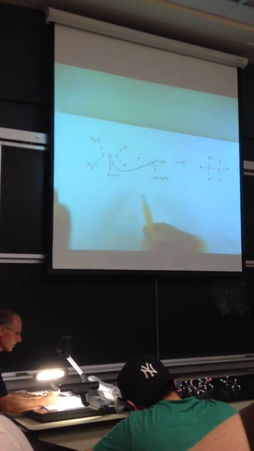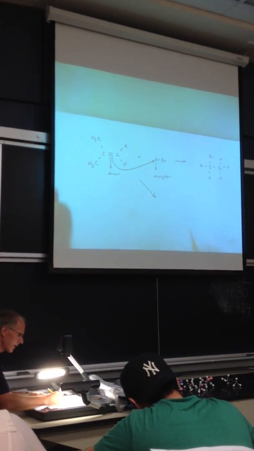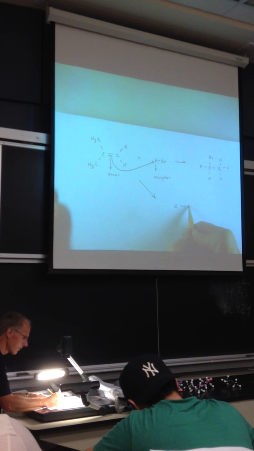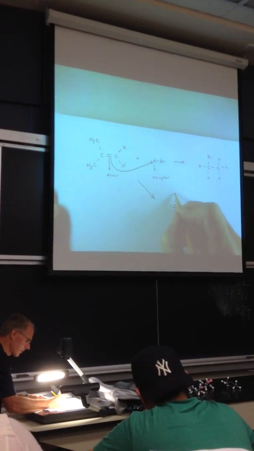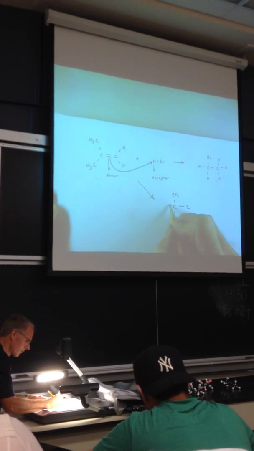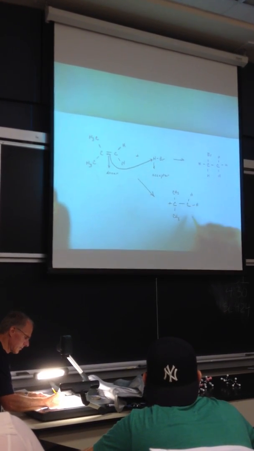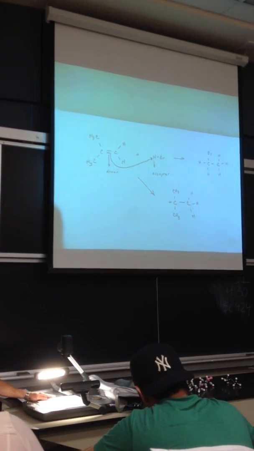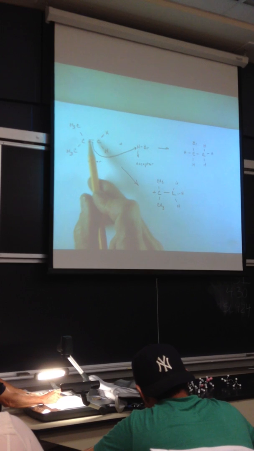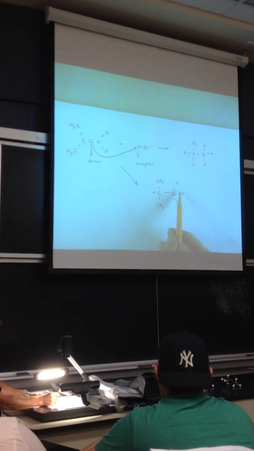Now this actually goes through an intermediate, and so it becomes a little bit harder to define, but the intermediate looks like this. Because this pair of electrons was pulled away from this carbon, this hydrogen came in here.